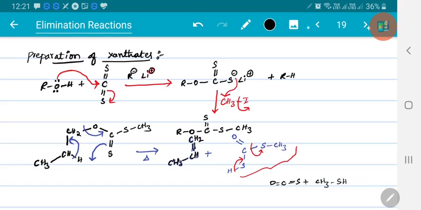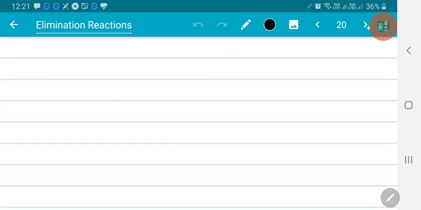So let me give one more case. If I have taken ethyl alcohol, CH3CH2OH, this is ethyl alcohol. So these are the beta hydrogens. Now when this is allowed to react with RLi, that means R minus Li plus, in the presence of sodium hydride, Na plus H minus, carbon disulfide, and methyl iodide, right?